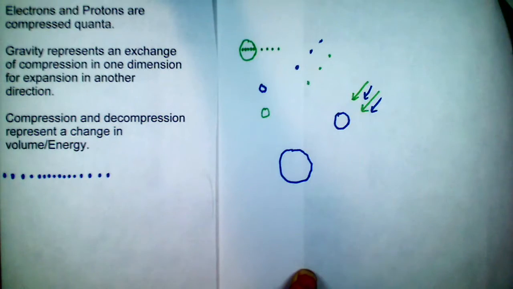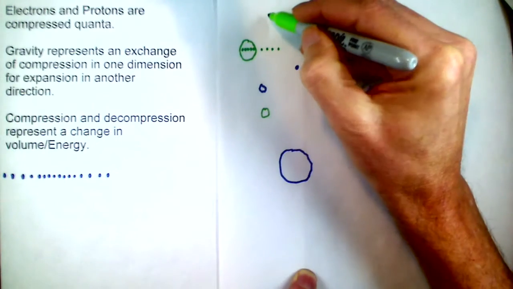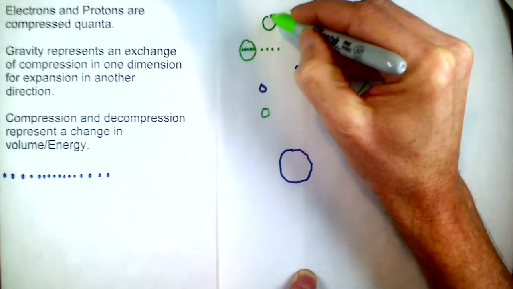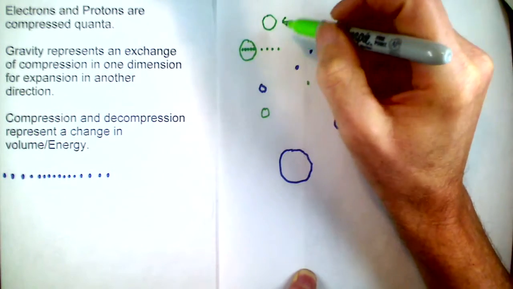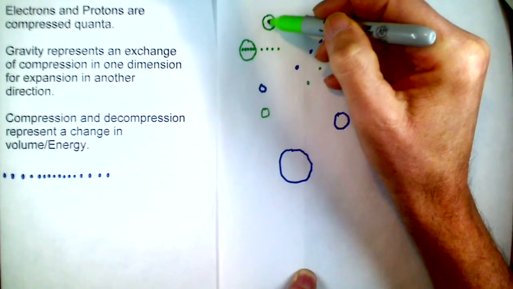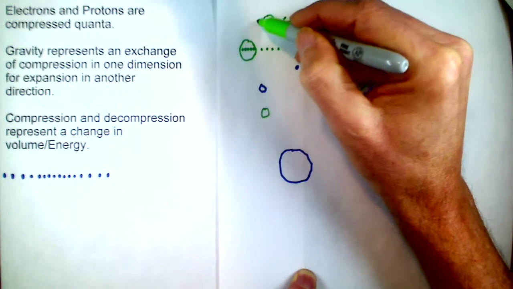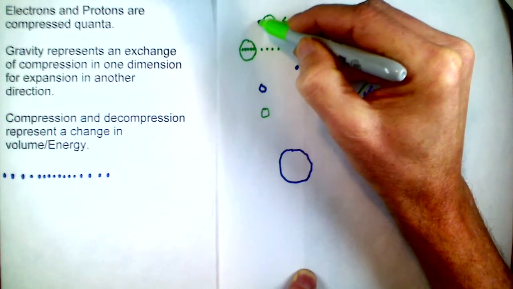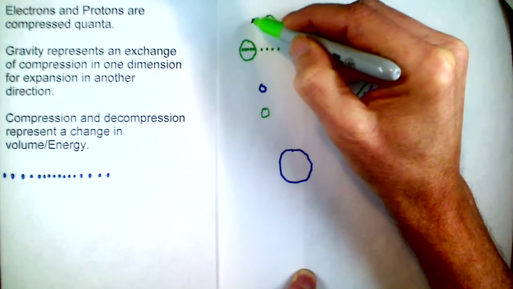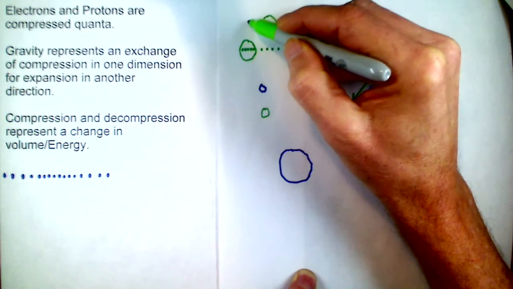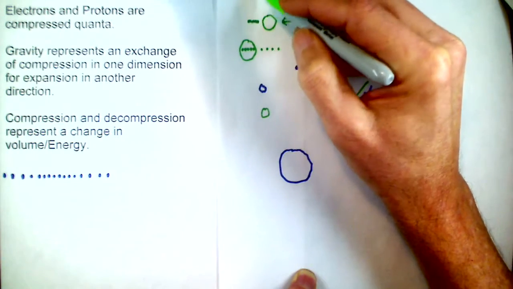So where the quanta would have a normal amount of space or distance between them, in electrons and protons they're compressed. And so what happens is when they're gaining acceleration, so let's say we have an electron here and it's going to gain acceleration in this direction, what it's going to do is consume into the compression. It's going to take in a couple of extra little quanta in this direction, and it's releasing them in the other directions, the perpendicular.